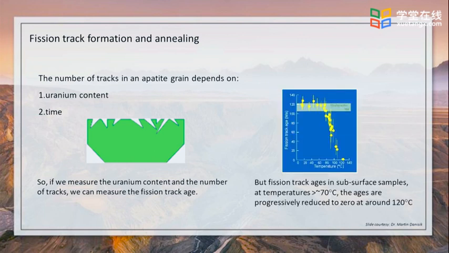But if we measure fission track ages in subsurface samples, we will find that at temperatures greater than about 70 degrees centigrade, the ages are progressively reduced to zero at around 120 degrees centigrade. Fission track annealing will be discussed in detail later in section 5.4.